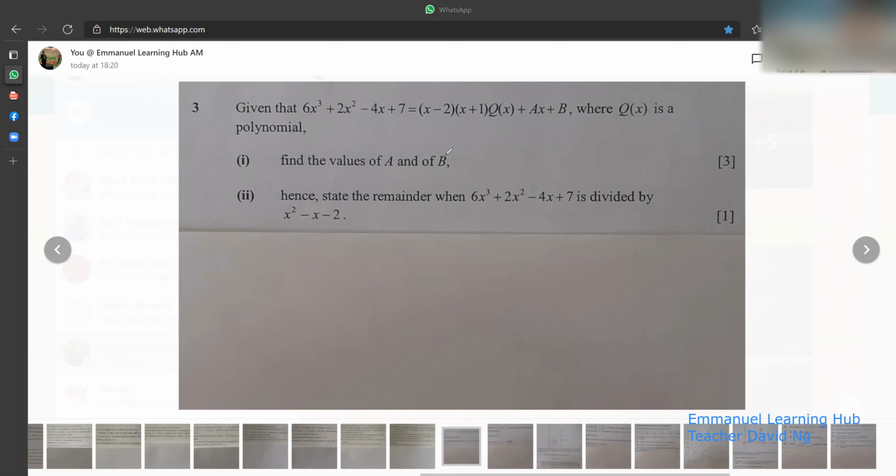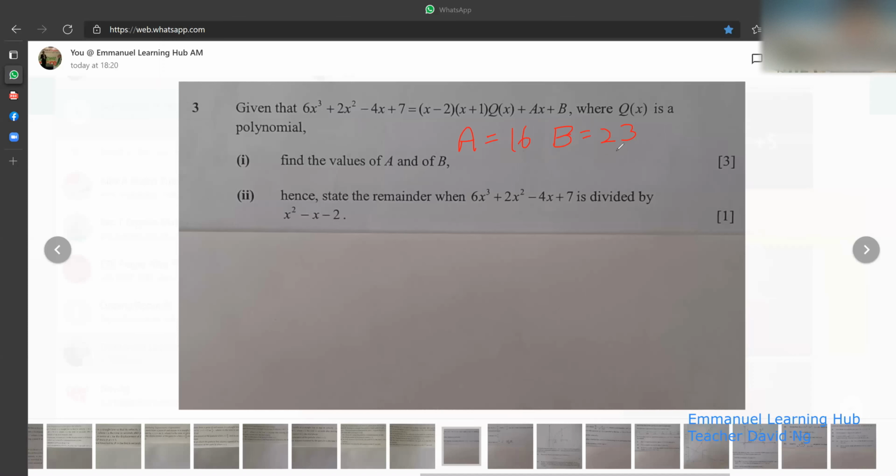Part 1, you say that your a is 16 and your b is 23. Okay, you should get this answer for part 1. So since you could do part 1, I'll not dwell on it. I'll go straight to part 2.